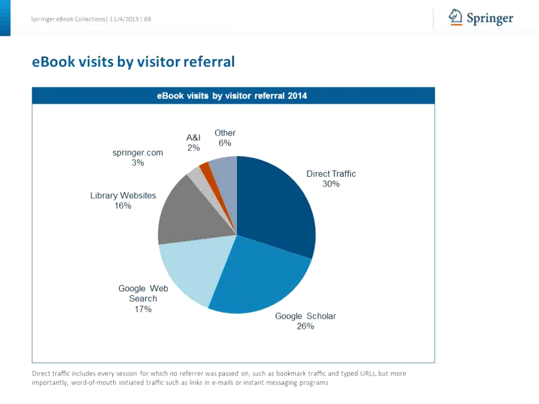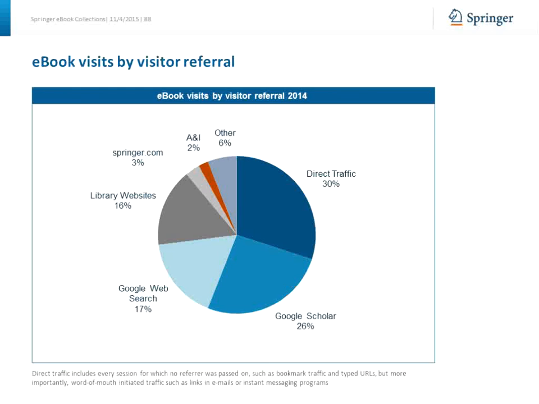This graph might sound familiar to you, as it shows how you are getting to Springerlink. So which source are you using to come to the content? While about 30% of you are coming directly to Springerlink, meaning that maybe a colleague has sent you a link and you click on that and come directly to the book, a large part is coming through Google: 20% is using Google Scholar to come to our content, and 17% is just using Google web search.